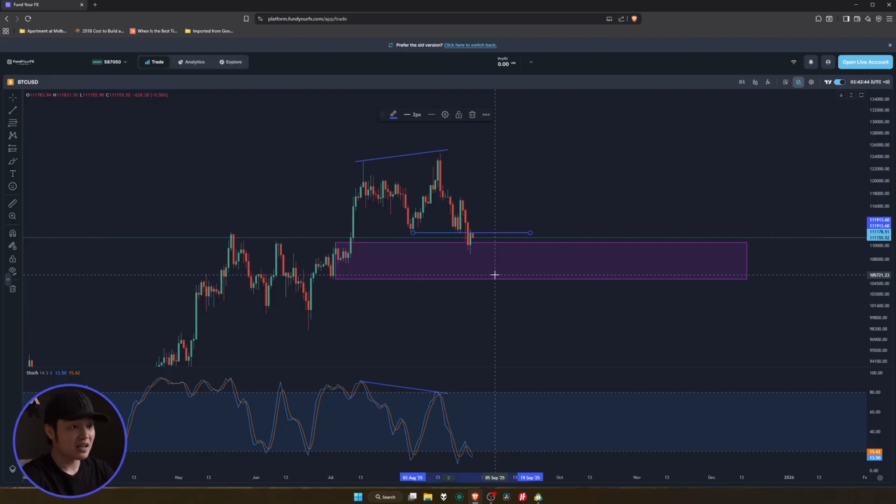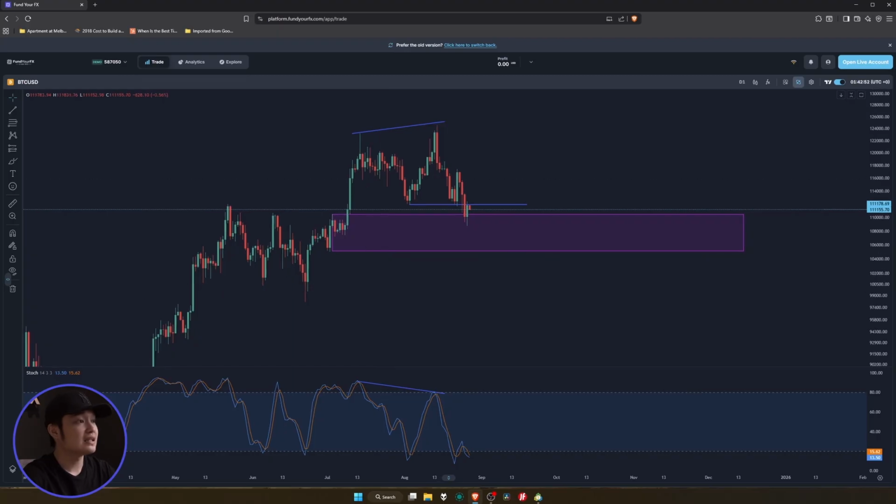So highly likely after it rejected in this demand zone, the price will continue in the downward momentum until it finds another support, which is at around here, around 98,000. So Bitcoin will eventually start to surge down or make a downward momentum to under the 100,000 mark.